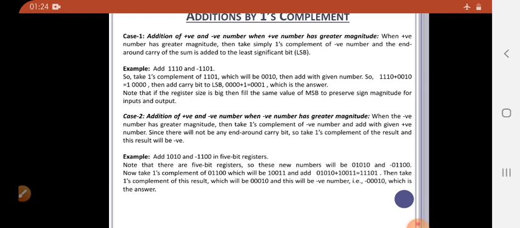When the negative number has greater magnitude, take the 1's complement of the negative number and add it to the given positive number. Since there will not be any end-around carry bit, take the 1's complement of the result, and this result will be your negative. This will be clearer by seeing this example.